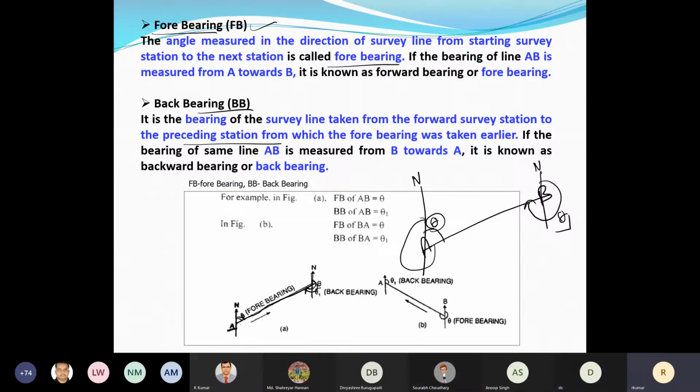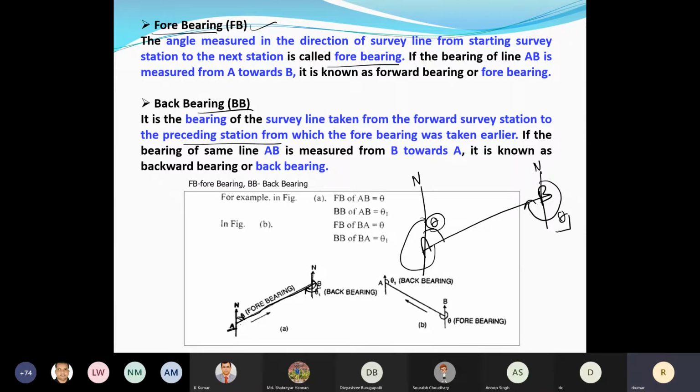Yes, sir. So if the difference is not 180, suppose, as I said in the beginning, your prismatic compass has a magnetic needle. So if there is a magnetic substance, some iron or something, at B, what will happen? It will not give the correct reading.